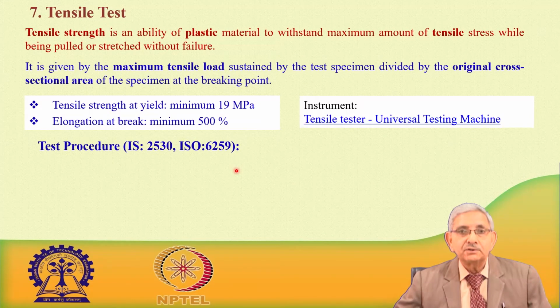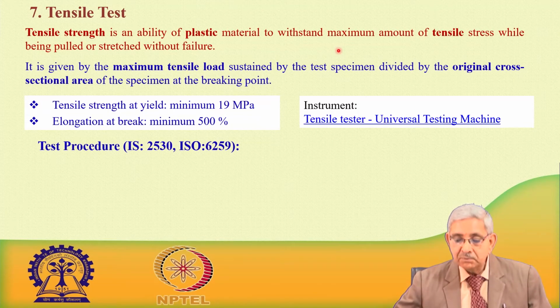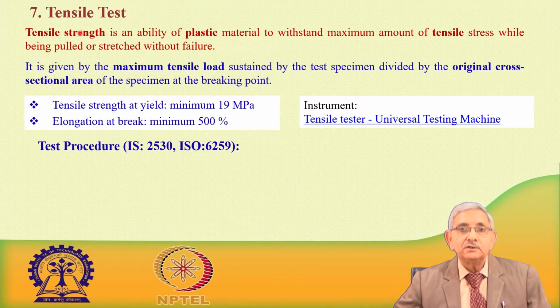Tensile test. The tensile test is the ability of a plastic material to withstand the maximum amount of tensile stress while the pipe or material is pulled or stretched without failure.